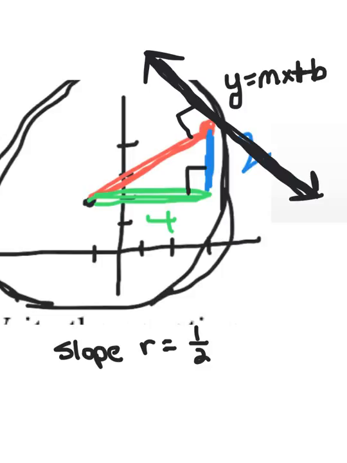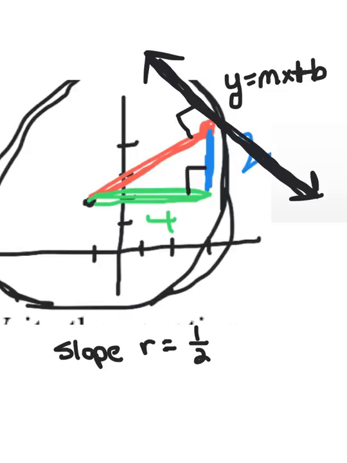So rise is 2 right here. This would be our rise. This would be our run. So 2 over 4, that's going to give us the slope of this line right here. So we know that this line, the tangent line, is perpendicular to that one. So we know something about the slope of perpendicular lines. We know that the slopes of perpendicular lines are opposite reciprocals.